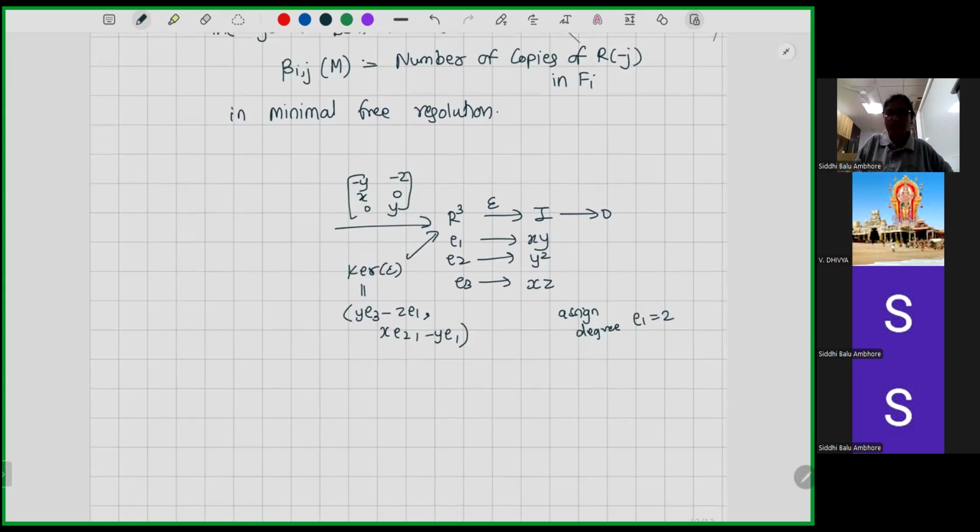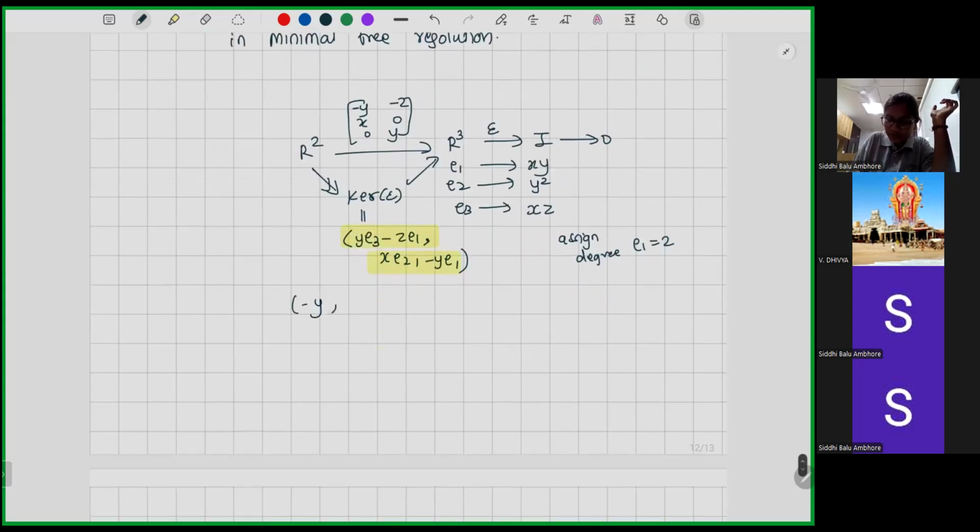And now again I want to find the CGGs of this, so this is from R2 to here now. This is an R module generated by 2 elements, this first element and this second element. So I will again have this R2 to R3 map. But can I find a zero set among this? Consider these as tuples, minus y, and minus z0y.